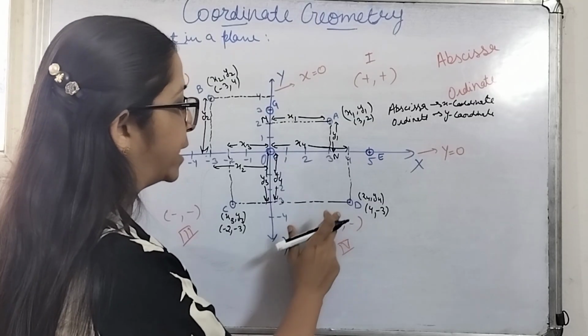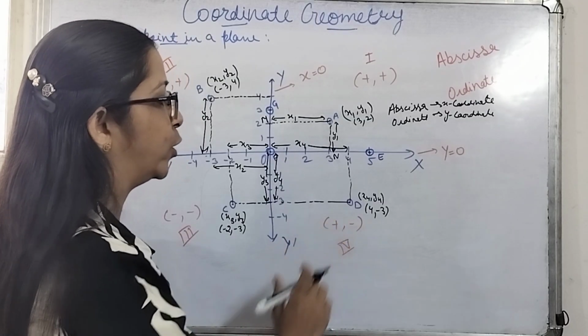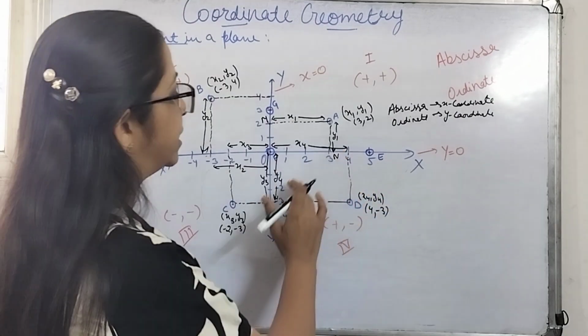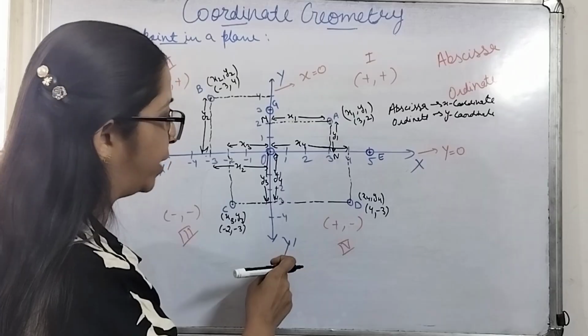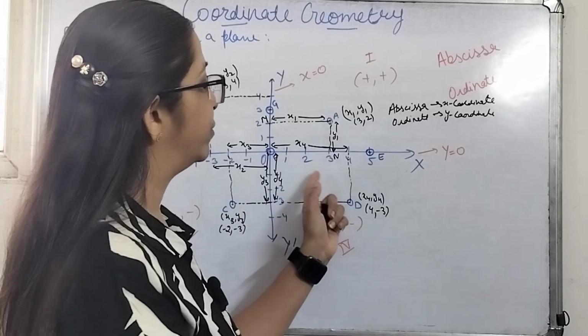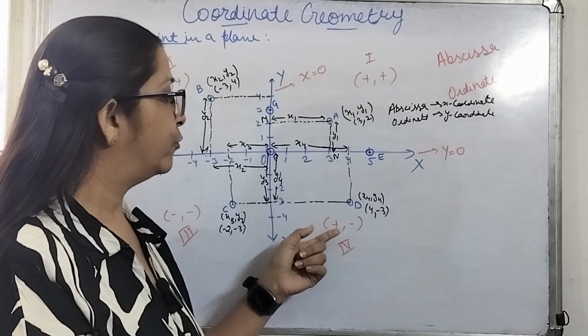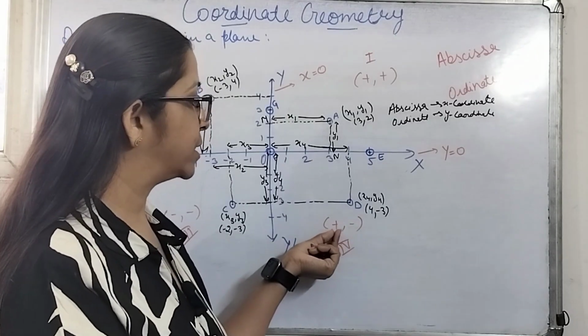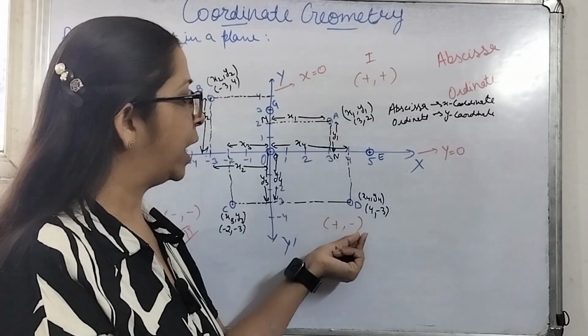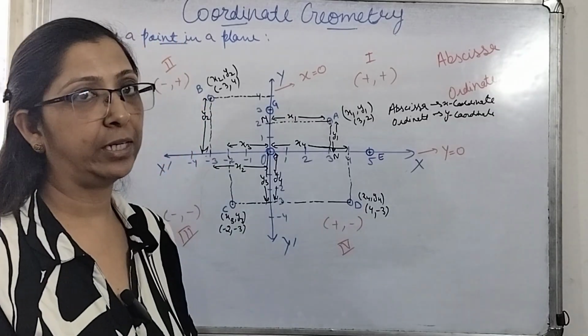That means its x coordinate will be positive and its y coordinate will be negative, because it is enclosed between the positive x-axis and the negative y-axis. That's the reason the point will have the form (plus, comma, minus). That means your abscissa will be a positive real number and your ordinate will be a negative real number.